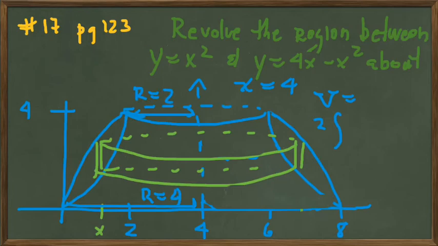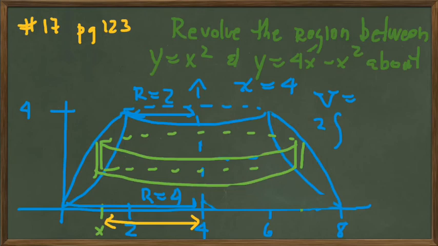In all of the previous examples, the radius was just x, because we revolved the figure about the axis. The radius was from the axis to x, as designated by the yellow arrow there. Now, the radius of the figure is between x and the line about which it is revolved, the vertical line.